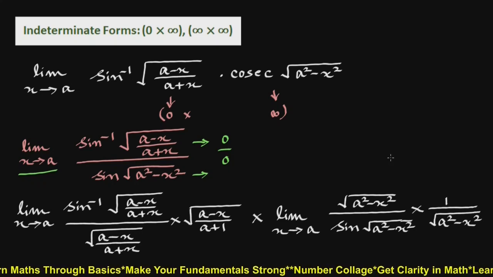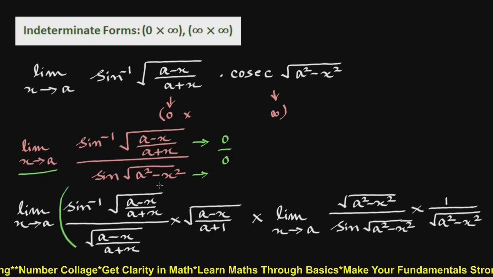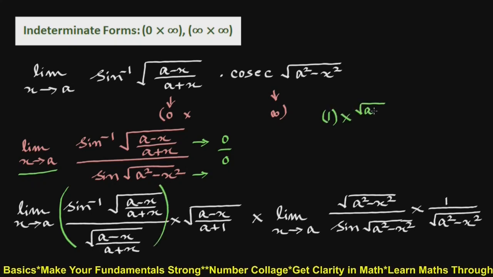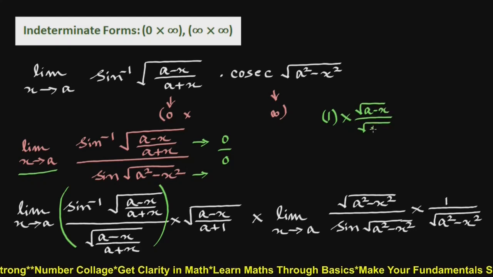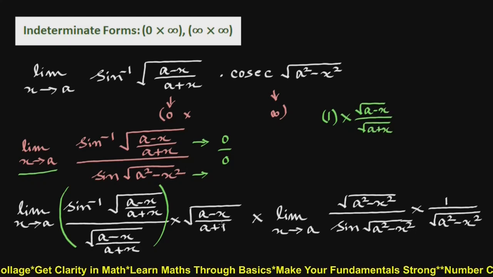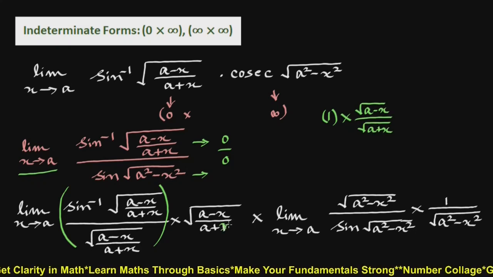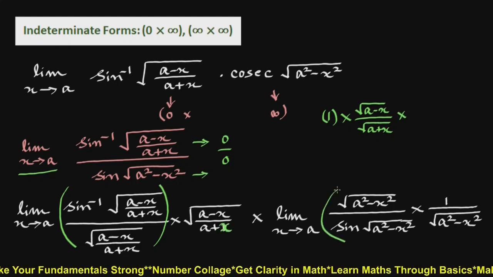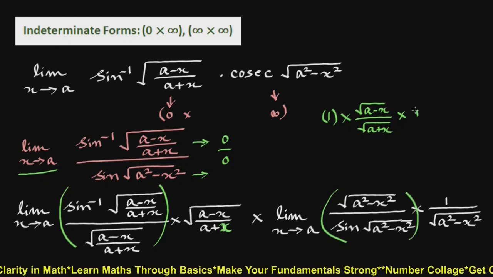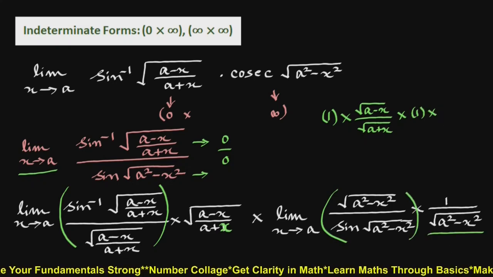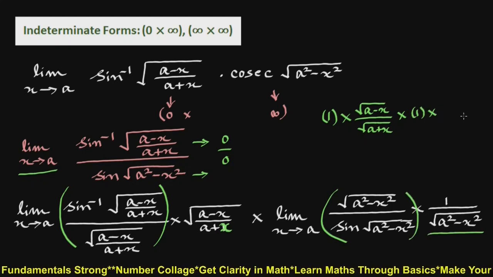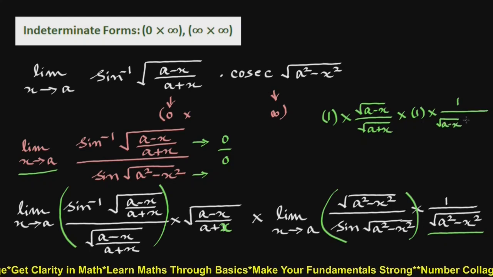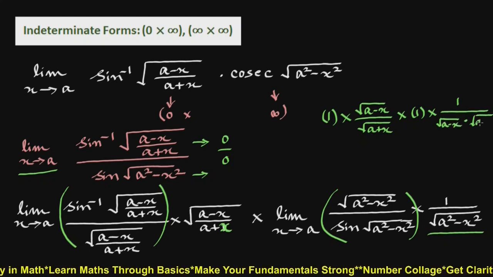Now we will take the limit, which will be, for this part, 1 multiplied by square root of a minus x upon square root of a plus x. Pardon me, this should be x instead of 1. Multiplied by, for this second part, the limit will be 1 multiplied by, we write this part in terms of two factors, square root of a minus x into square root of a plus x.